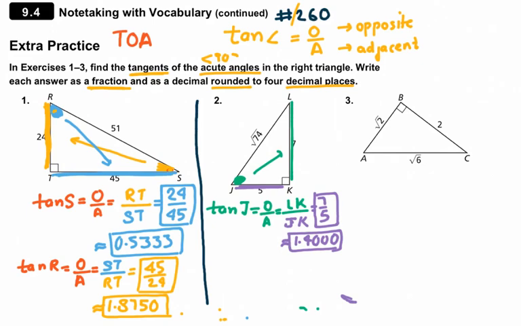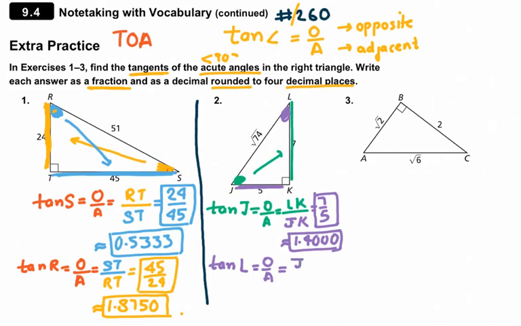Now the same thing, let's find the tangent for angle L. This angle L is the one we need to find. So tangent for angle L is going to be O over A, and for this one the opposite is JK.